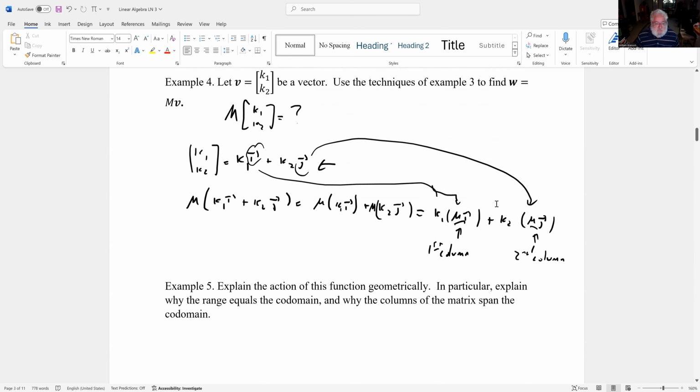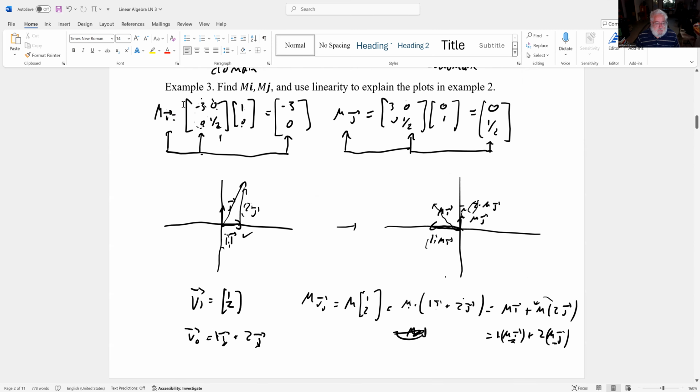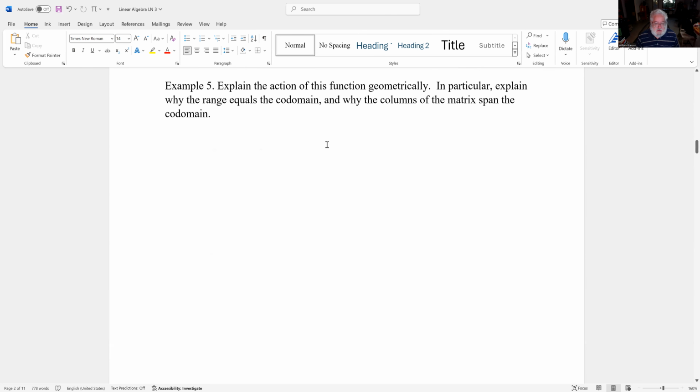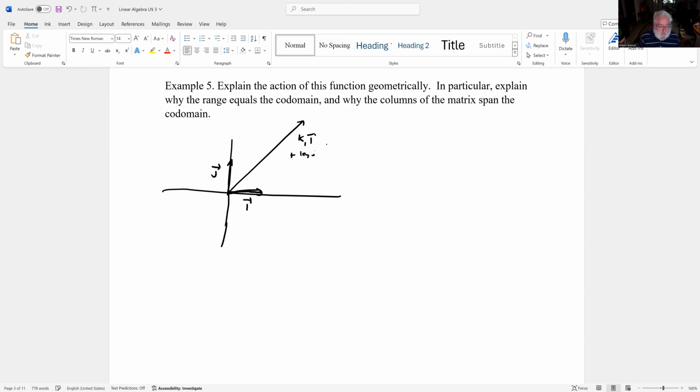So for this particular function, right, where we're multiplying by minus 3, 0, 0, 1/2, geometrically, you take i to be the usual unit vector there, j to be the usual vector there, and if v is any vector that we can represent as being k1i plus k2j, k1i is the x component here, k2j is the y component.